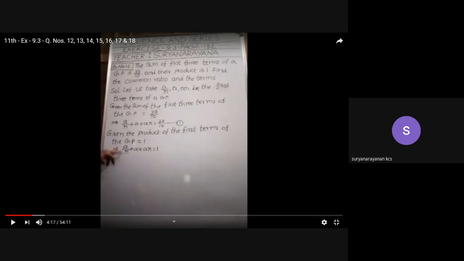Similarly, here also there is a selection of terms in geometric progression. There is a technique to select the number of terms in a geometric progression. I will give the table also, after this class is over. Suppose you want to select three terms of geometric progression, how to select?